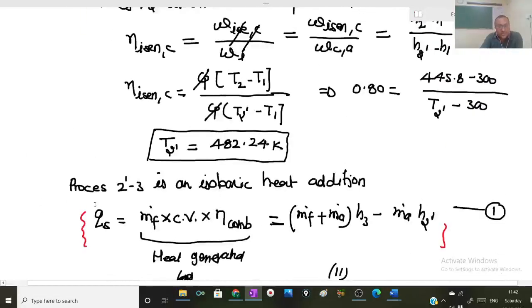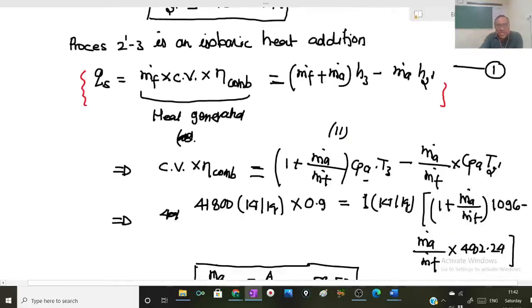This. I can calculate the heat supplied. And please correct this. This is not specific heat, this is total heat supplied.